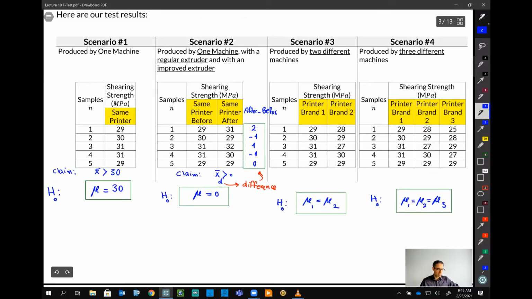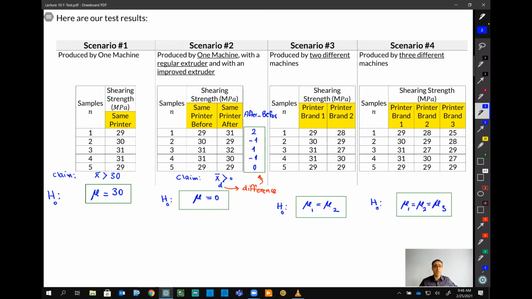Moving back 1 step, if you accept your null hypothesis, it means that no, for example, scenario number 3, mu1 is equal to mu2. There is no significant difference between these two. Or in scenario number 2, mu is equal to 0, and by the way, here is mu d again, and it means that there is no improvement.